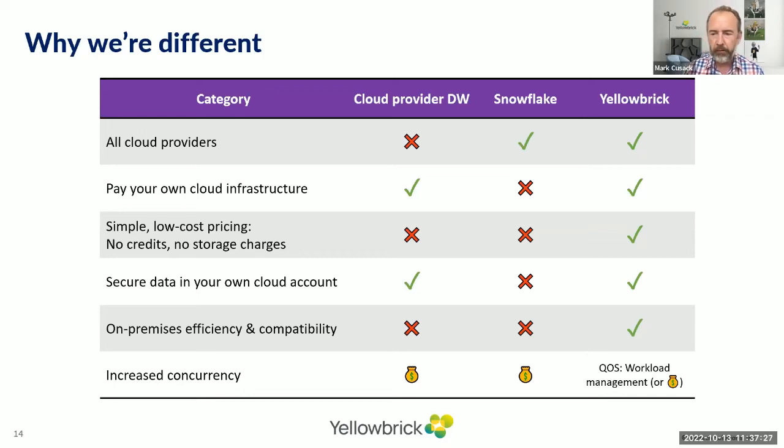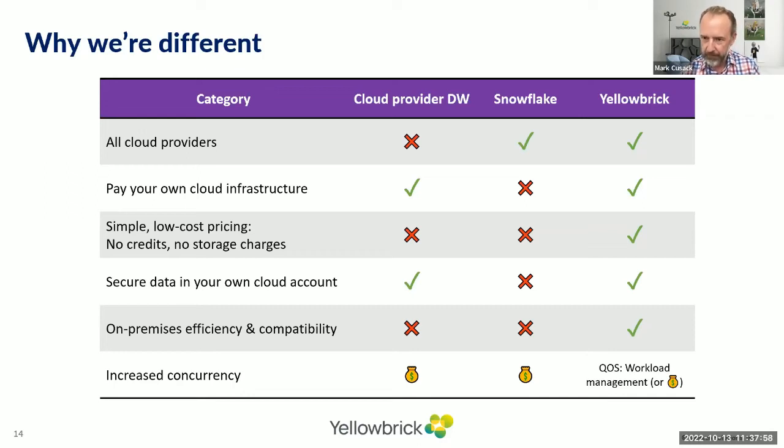I also talked about our on-premises capabilities, but I also wanted to pull out a lot of the efficiencies that we built into the software, which I think is often neglected when you look at the landscape of cloud data warehouses today. We've taken the best of breed of workload management capabilities and built those into Yellowbrick. So that means we're really good at serving workloads at a high concurrency, mixed workloads of streaming ingest, bulk loading, reporting, ad hoc queries, interactive queries.